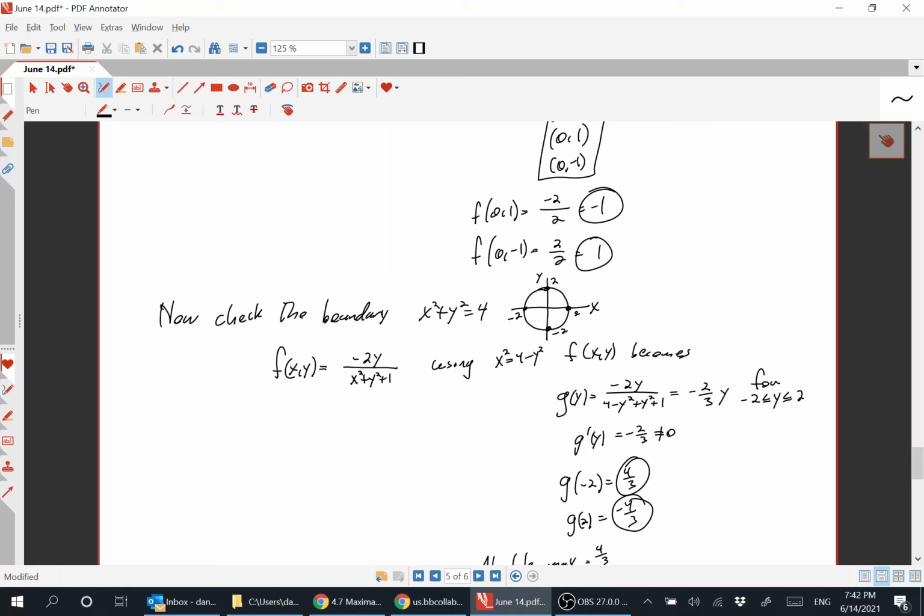And you have to check each component, each segment, or split up the boundary in some way that makes sense. And then the 2-variable function becomes a 1-variable function, because the curve that you're checking in the xy plane, you can write y as a function of x or x as a function of y somehow.